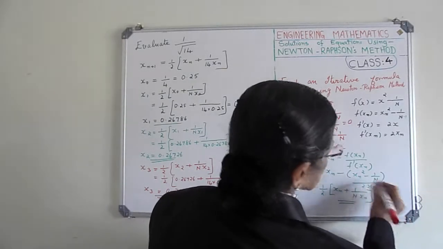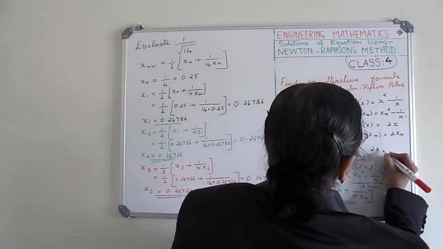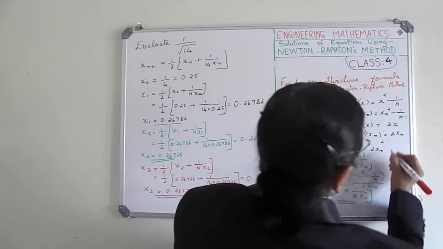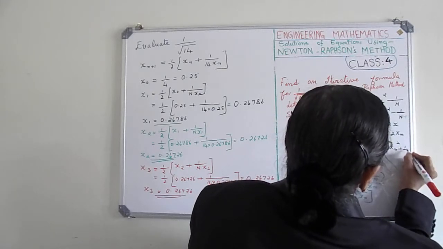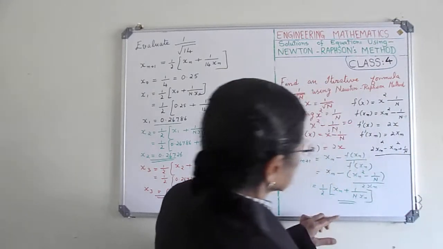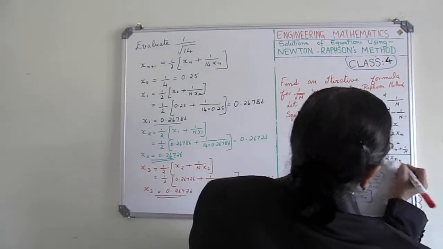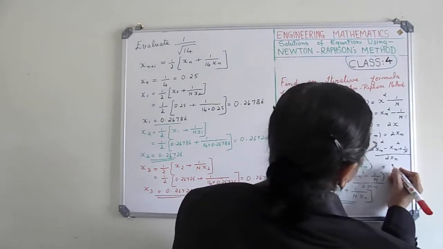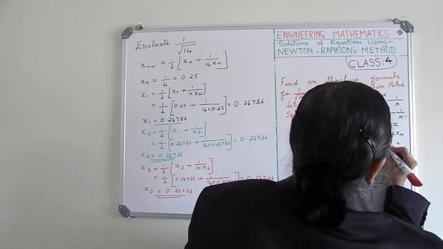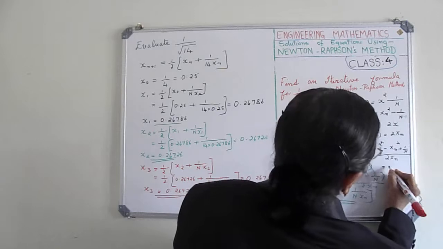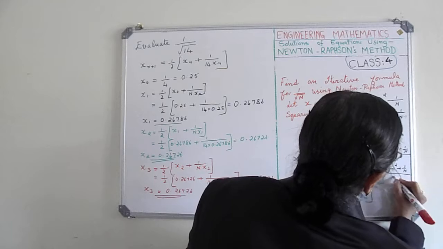That is xn minus (xn square minus 1 upon n) divided by 2xn, which is equal to (2xn square minus xn square plus 1 upon n) divided by 2xn, which is (xn square plus 1 upon n) divided by 2xn.